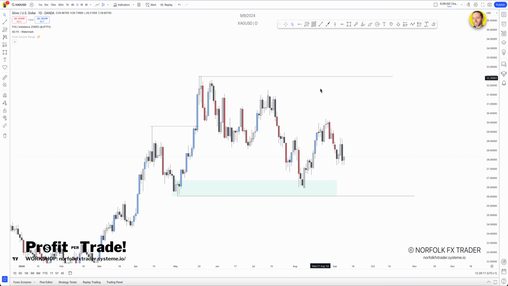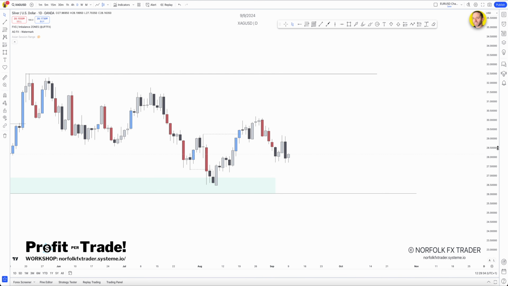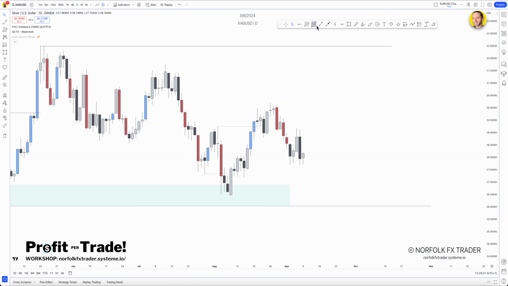Now, internal structure as well was previously, as we went lower into that demand, this is your internal structure. And this should give you a great insight on how you can quickly go onto any price chart, mark up your swing and internal structures, and then look at the bias on a single candle close on each daily close.